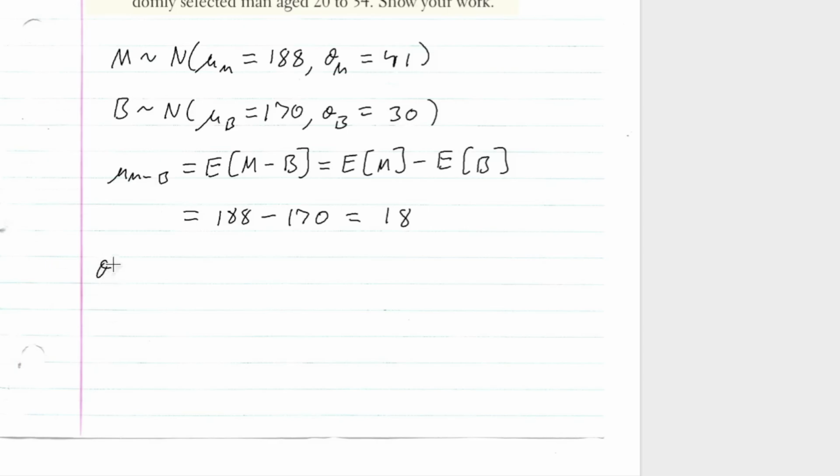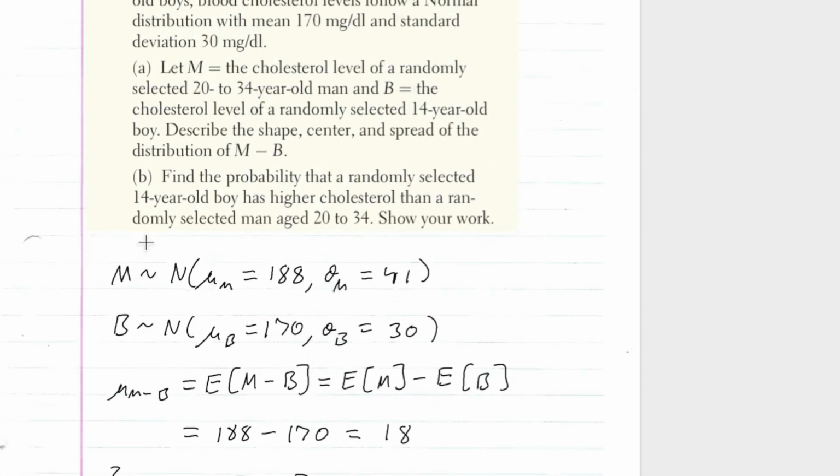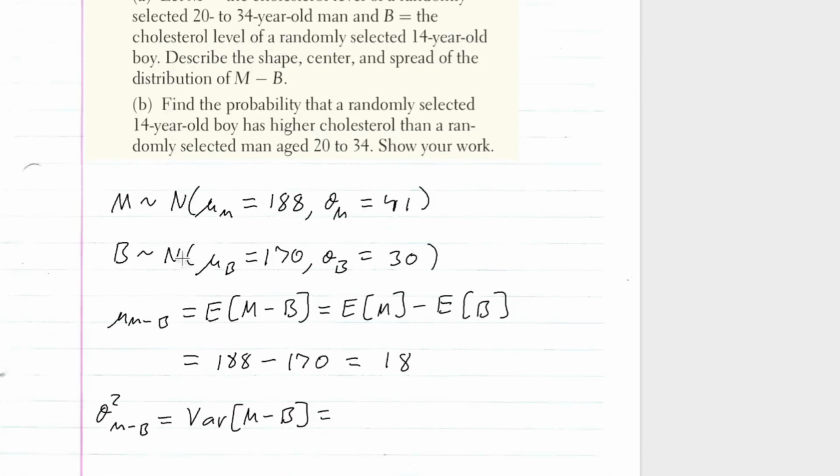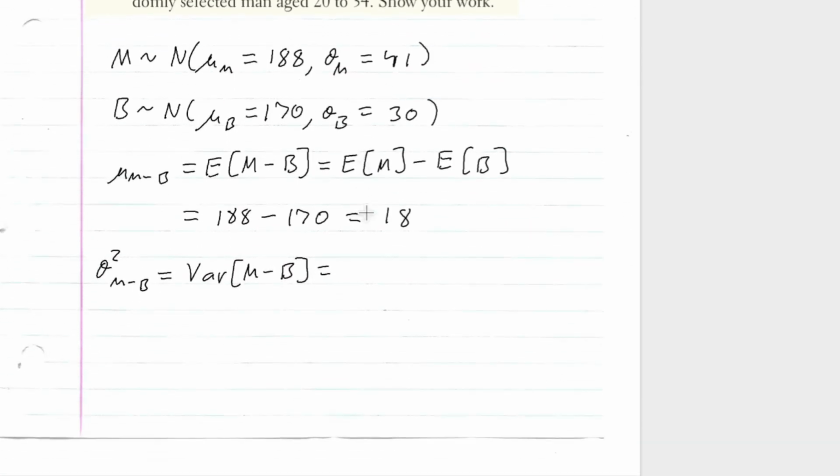Well, the variance of M minus B. Well, the thing is, we know that these two random variables are independent of each other because one doesn't depend on the other, right? M is the cholesterol level of 20 to 34-year-olds, whereas B is the cholesterol level of randomly selected 14-year-old boys. So they don't depend on each other, so they are independent.